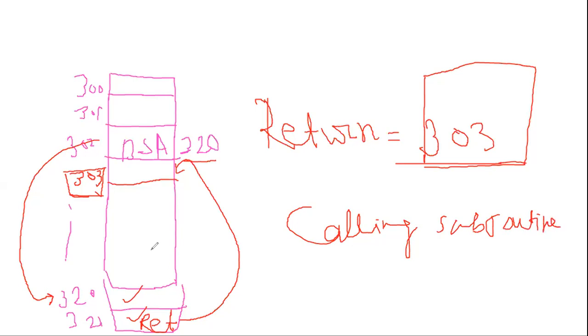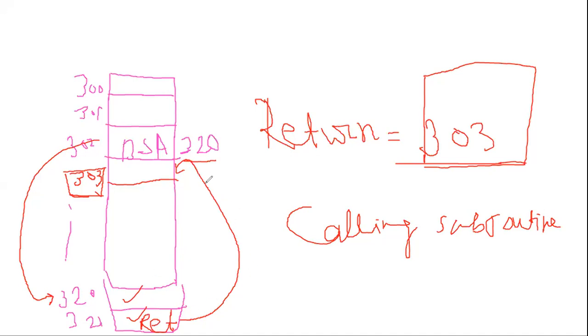Okay, so multiple branch instructions may also be there, not necessarily a single BSA. Here there may also be a BSA. So it will go to the next location, and after completion of that instruction, it will come back here and then come back again.